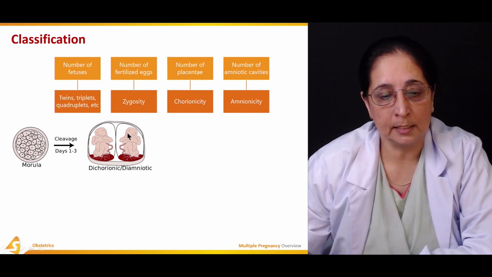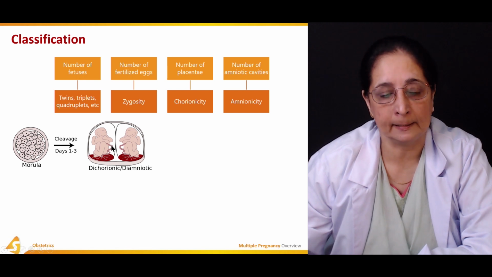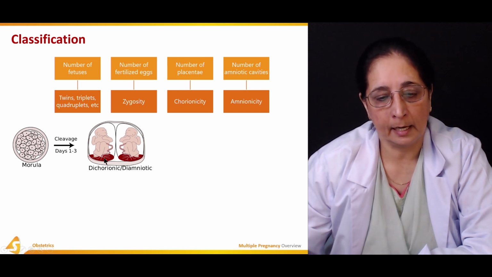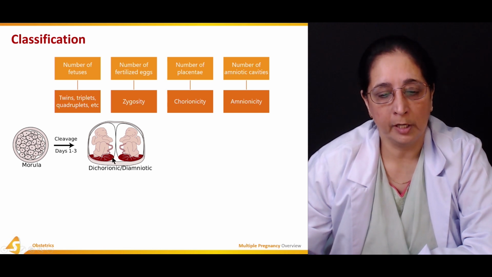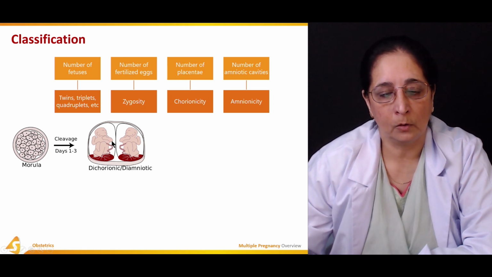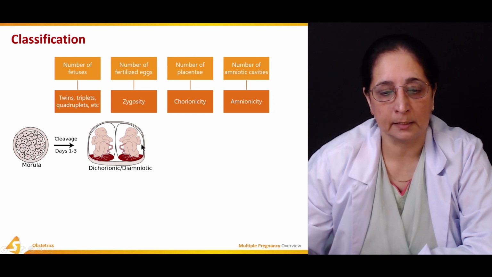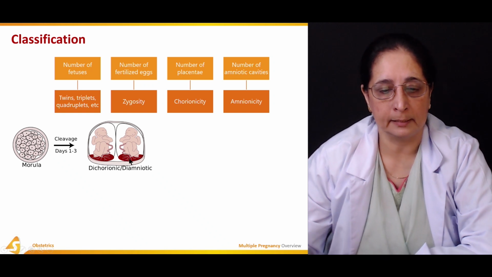So if you see in this picture, this fetus has its own placenta, and then it has its own chorion or amniotic cavity. Same with this fetus, the placenta and amniotic cavity.